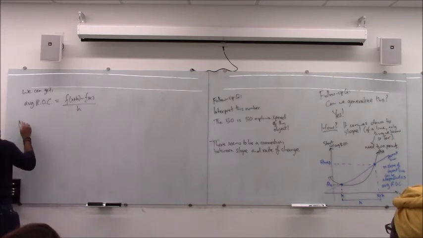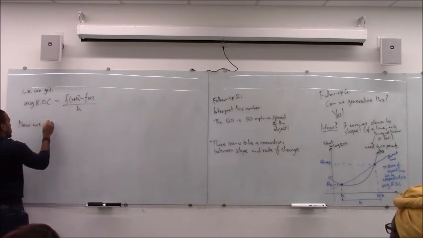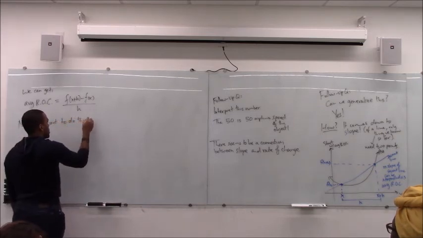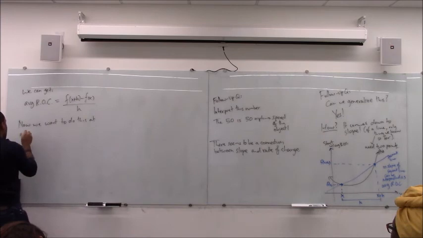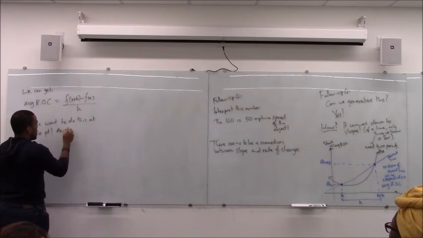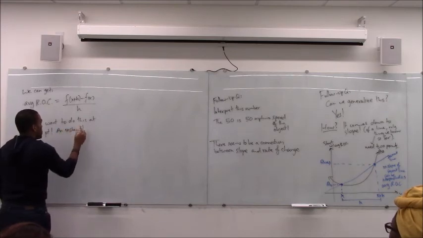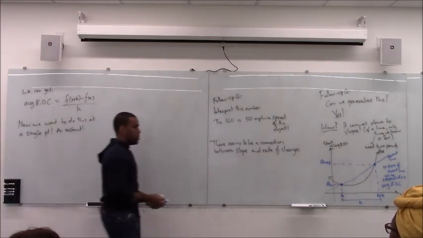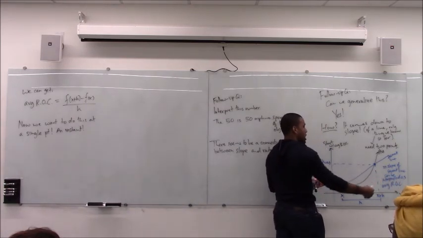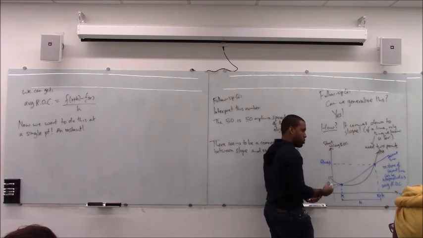Now, here's what we want to do. We want to be able to do this at any instant, right? So the trick is not to tell me over some huge time window how fast we're moving on average, how fast we're moving right now at this point, right?